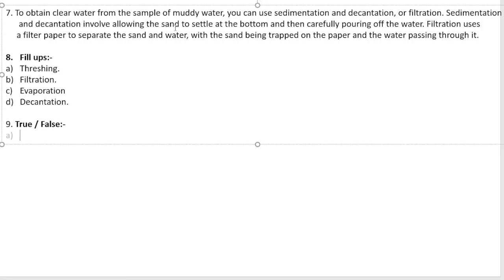Our first is: a mixture of milk and water can be separated by filtration.